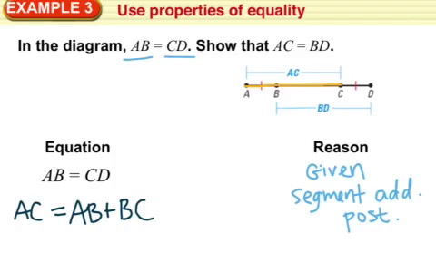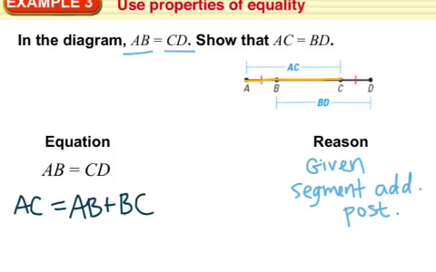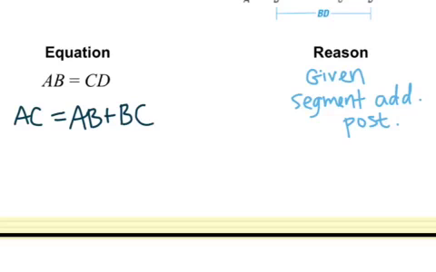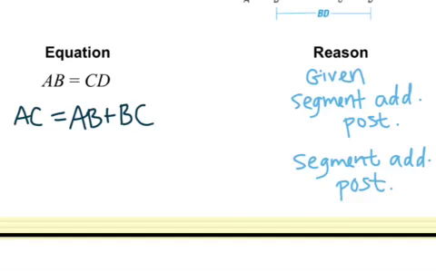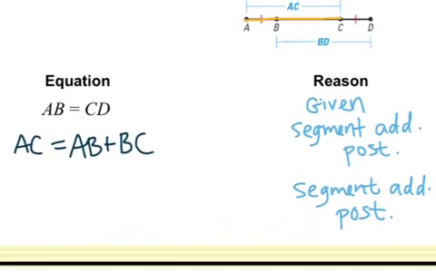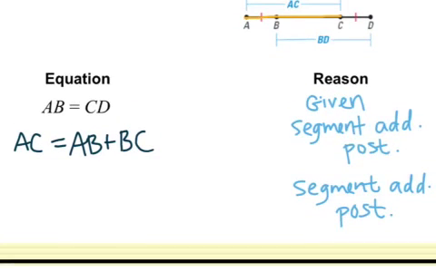And by the same exact reason, by the segment addition postulate again, so I'm going to write that as my third reason, segment addition postulate. What else can you say about this picture? Which other two segments added up will equal a longer segment?